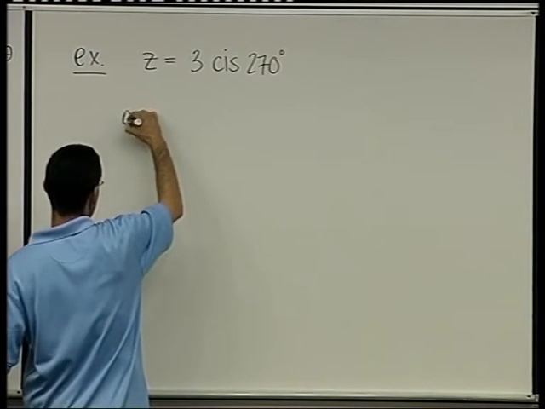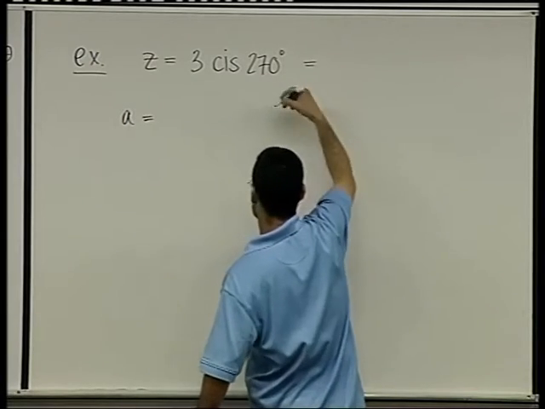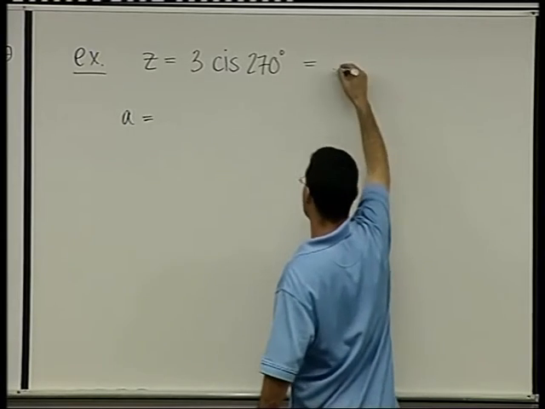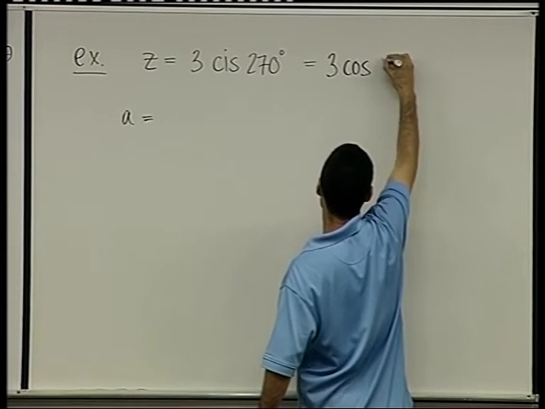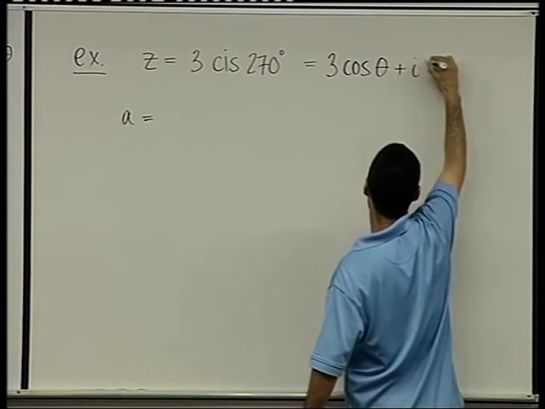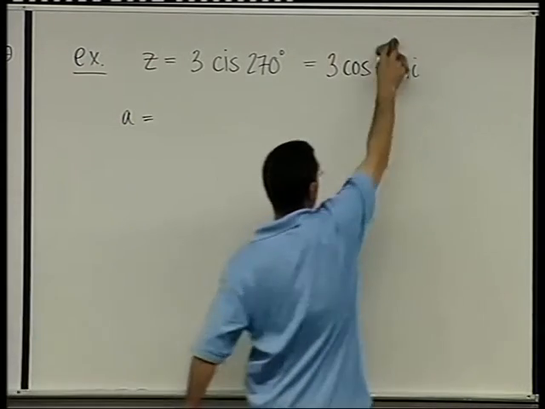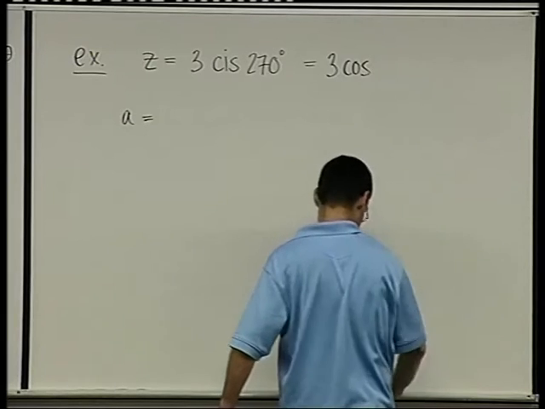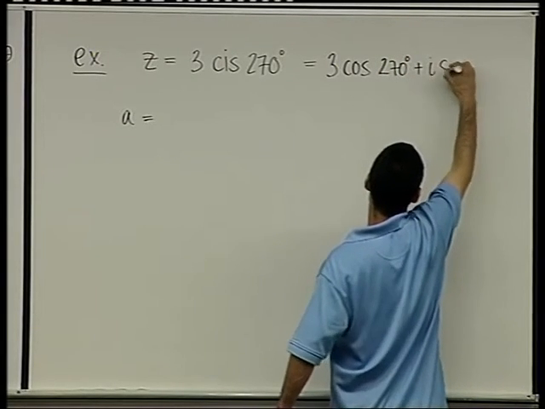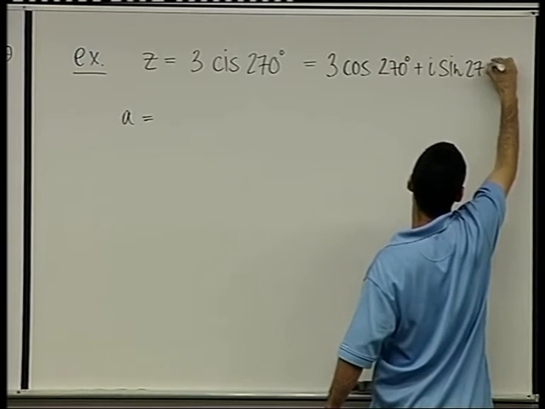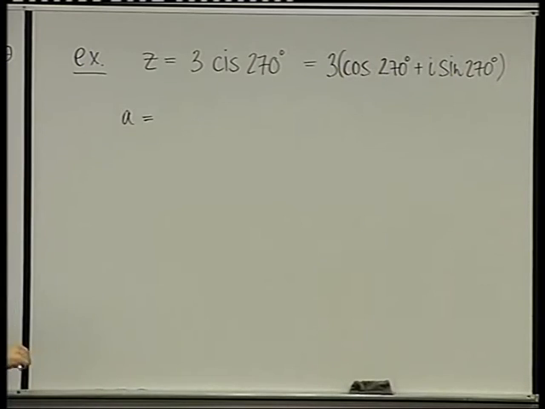Remember that this is, let me write it because we're not accustomed to it yet, just another way of writing 3 cosine of 270 plus i sine of 270. This is just an abbreviation for that thing.